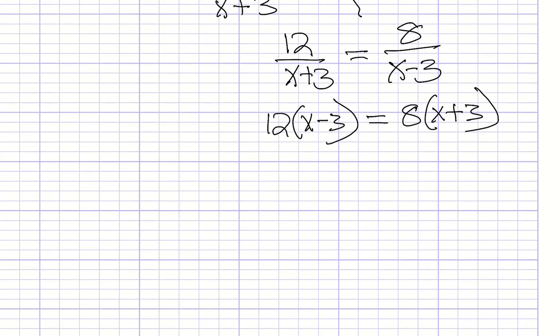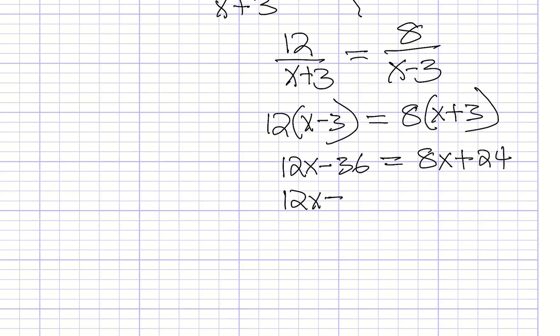So you multiply them out, you have 12x minus 36 is equal to 8x plus 24. You move the same variable to the same side. You have 12x minus 8x equals 24 plus 36.